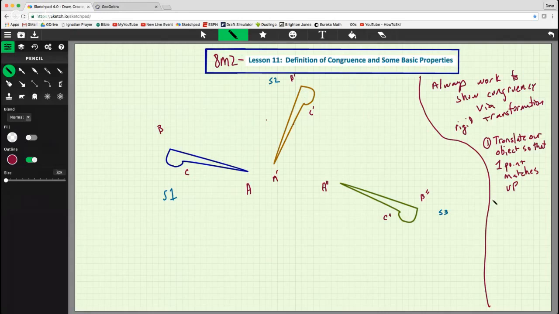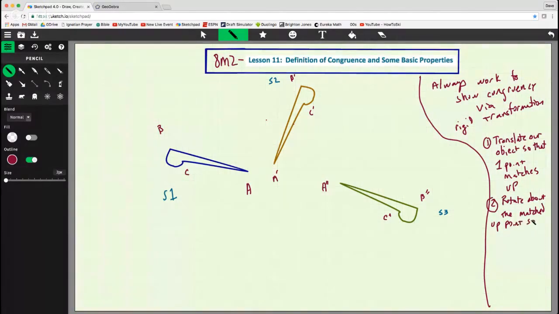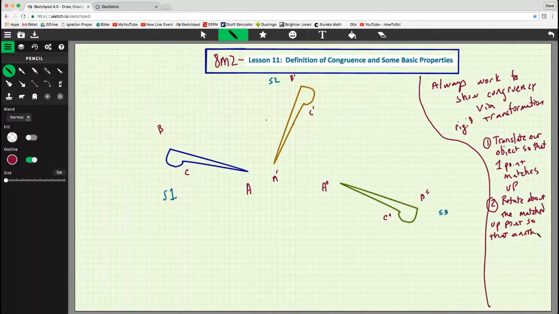The second thing we're going to do is rotate about the matched up point so that another point matches up.